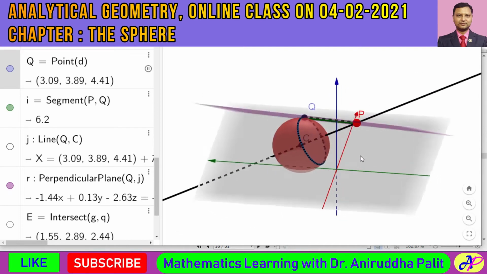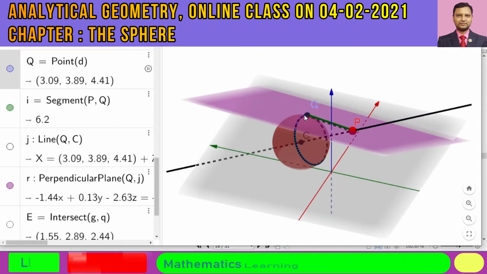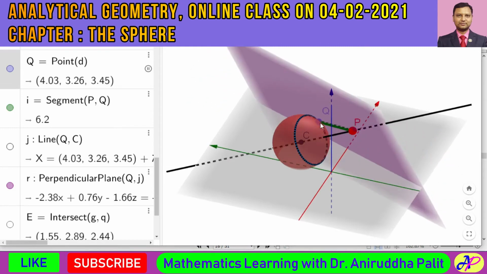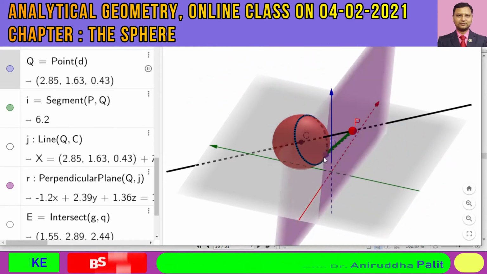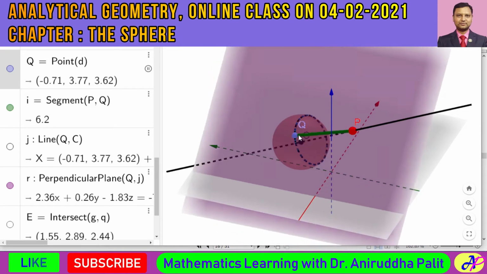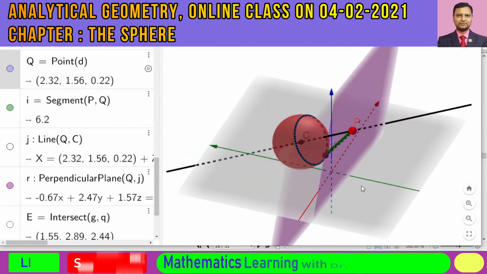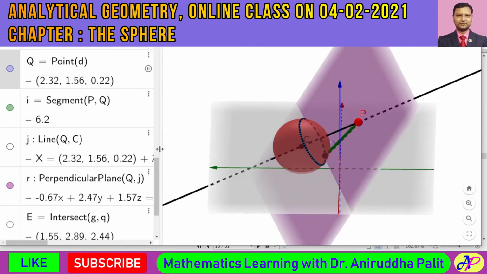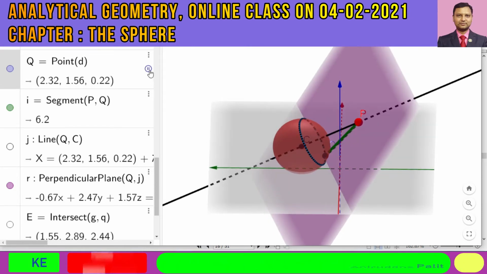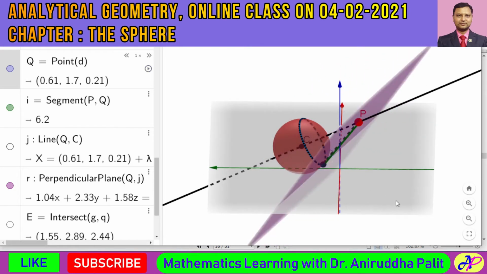As the point Q moves along this small circle on the sphere, you can observe this kind of motion.